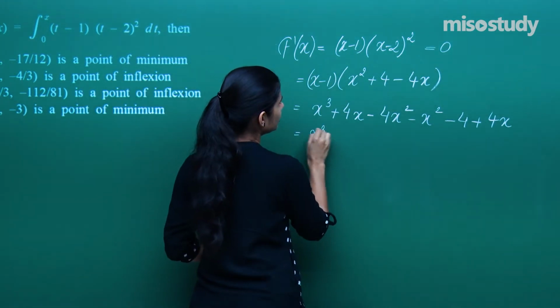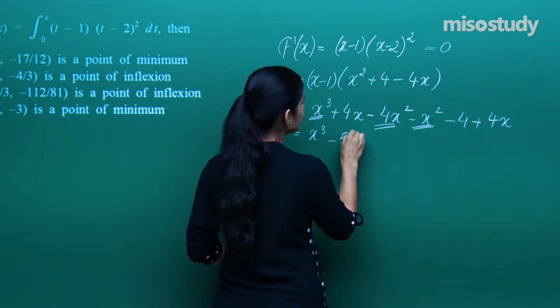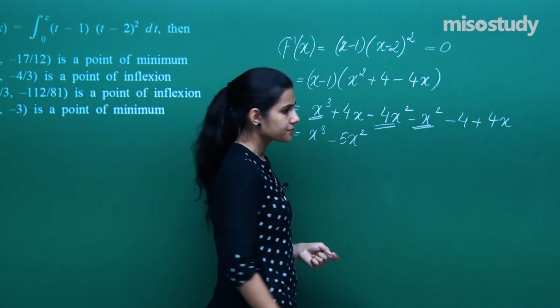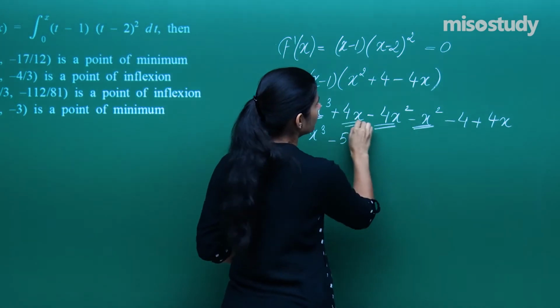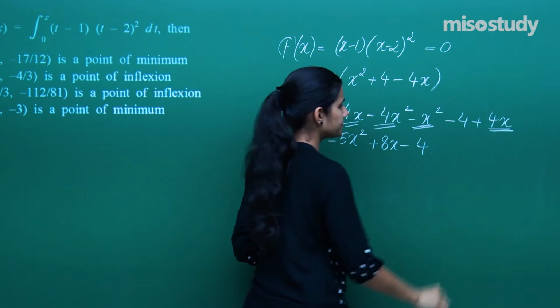This gives you x cube, then you have minus 4x square minus x square, this is minus 5x square, and after this you have 4x plus 4x, that is plus 8x minus 4.